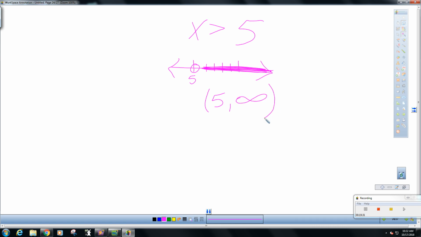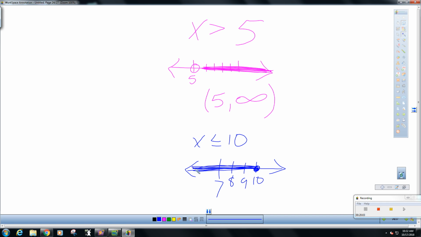Okay. What about this one? X is less than or equal to 10. Let's graph it on the number line first. It's a closed dot on 10 and going to the left.